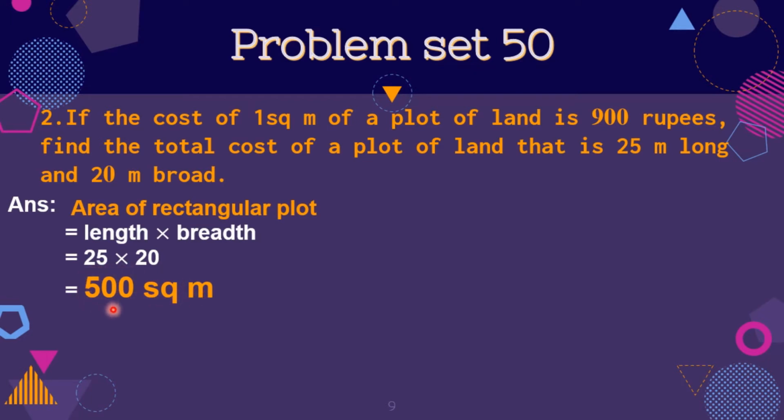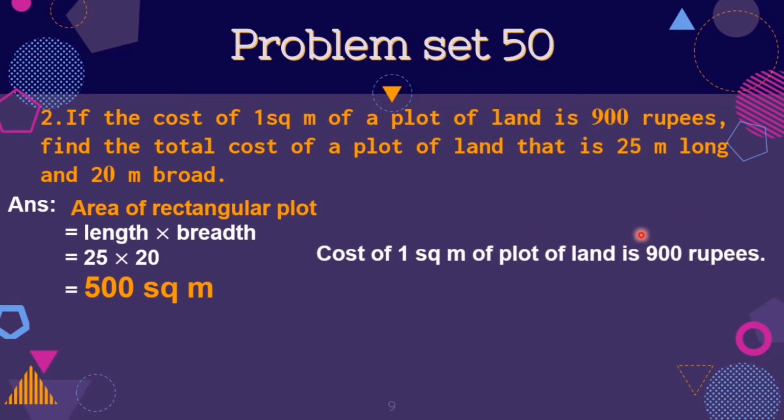Now we know the cost of 1 square meter of the plot is 900 rupees. So to find out the total cost of the plot of the land, we need to multiply the area of the plot by the rate of 1 square meter of the plot.